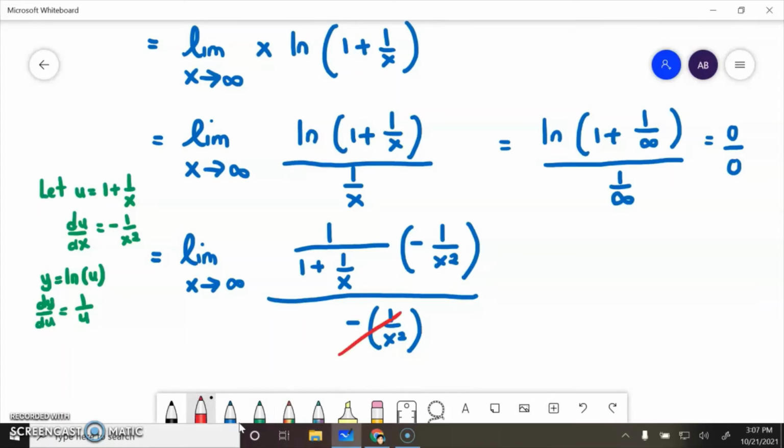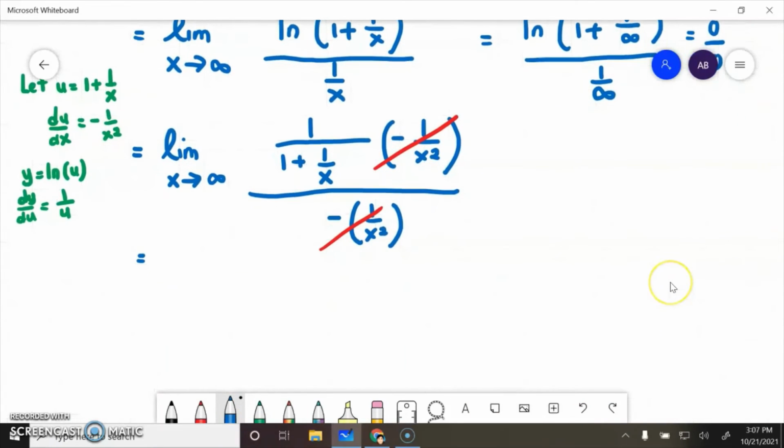Now cancelling out this term and this term, that will leave you with the limit as x approaches infinity of 1 over (1 plus 1 over x). So we have simplified this.